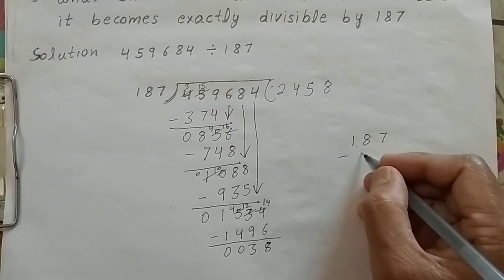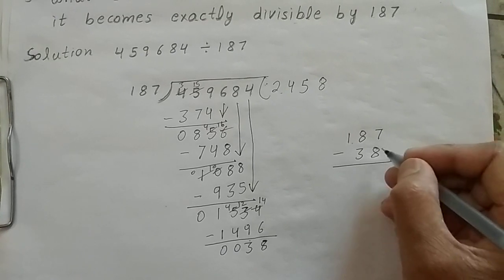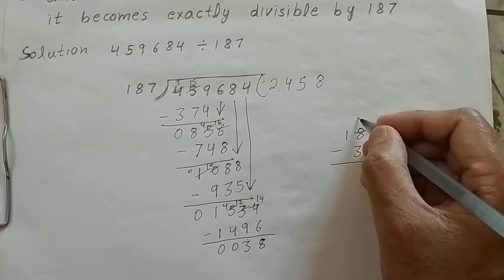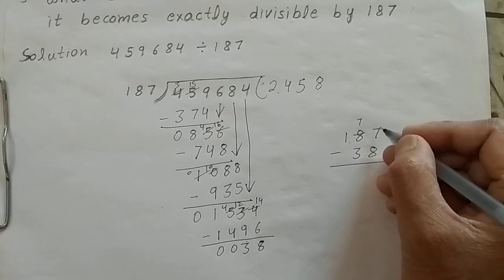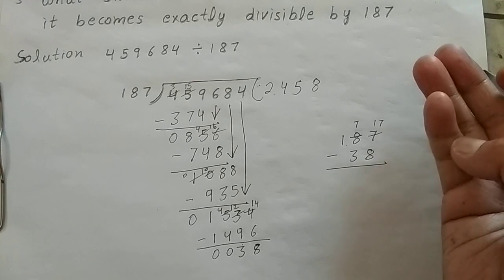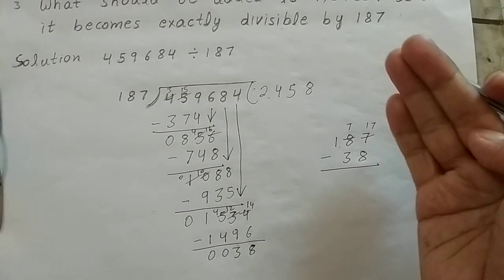187 minus 38. This 7 is less than 8, so it will borrow 1 from this 8. So this 8 will become 7 and this will become 17. 9, 10, 11, 12, 13, 14, 15, 16, 17.